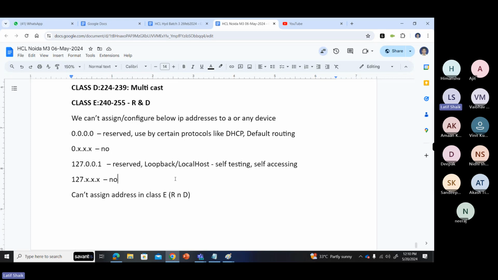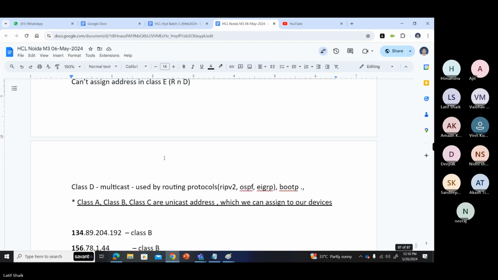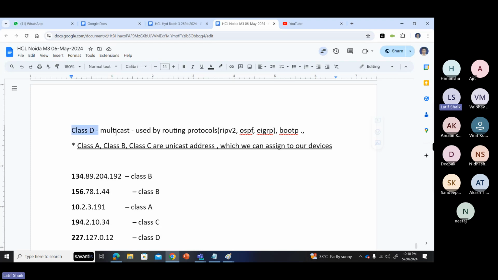Also, we cannot use class D and class E. Class D is multicast, so we can't assign it. Class E we can't use either. These are used by certain protocols, so there they are useful.